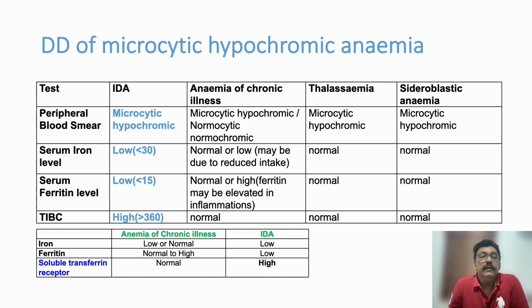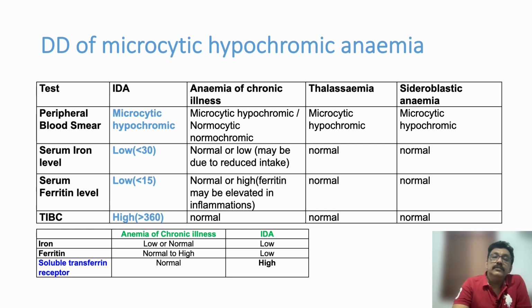It will be normal in anemia of chronic illness, high in iron deficiency anemia. Ferritin is a very good marker. It is low in iron deficiency anemia. It can be normal or high in anemia of chronic illness.